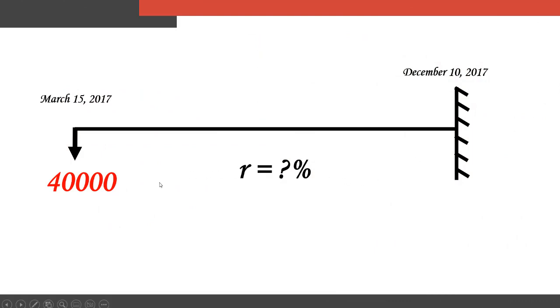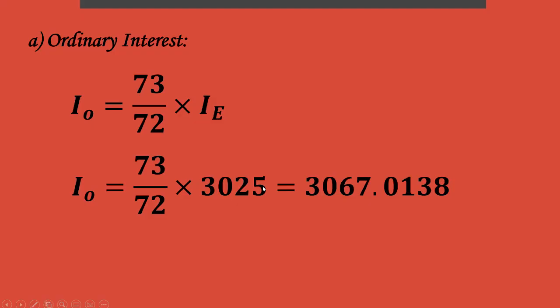Here we change the dates, March 15, 2017 and December 10, 2017. Also we have $40,000 and unknown rate. We can calculate I ordinary by using I exact.